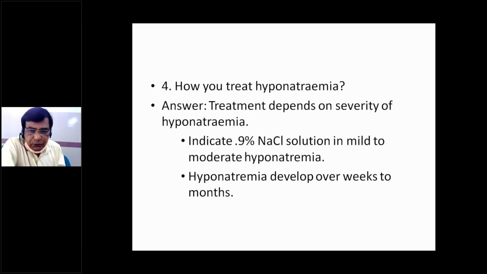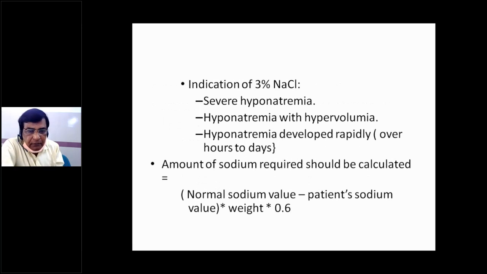So considering these two things, you should give either 0.9% sodium chloride solution or 3% sodium chloride solution. The indication of 0.9% sodium chloride solution is mild to moderate hyponatremia that develops slowly, over weeks and months. The indication of 3% sodium chloride is severe hyponatremia, hyponatremia with hypervolemia, and hyponatremia that develops rapidly over hours to days.